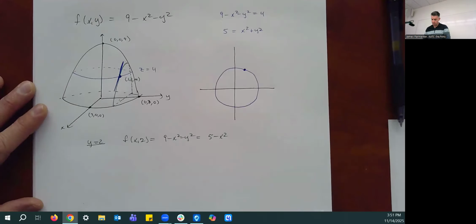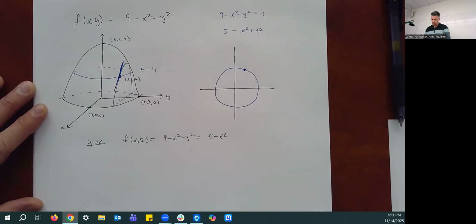In a similar way, if we hold x constant, say x equal to positive 1, then, I'm less good at drawing this one, so watch out here. If x equals 1, then our parabola is going to be f of 1 comma y equal to 9 minus 1 squared minus y squared, or 8 minus y squared, apologies.